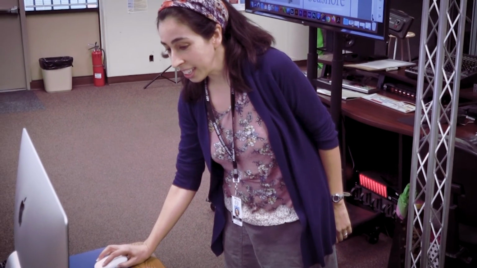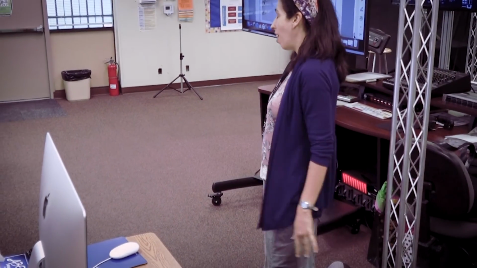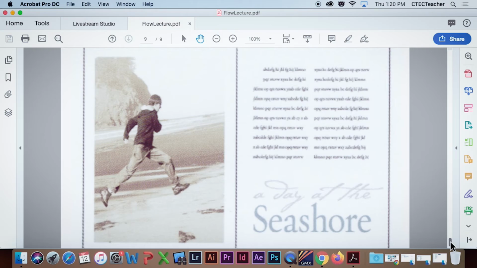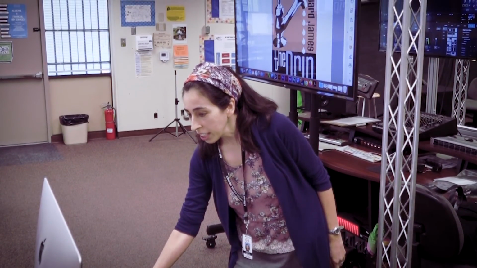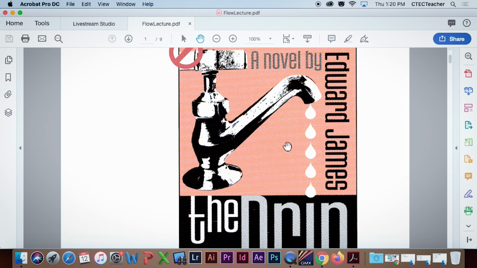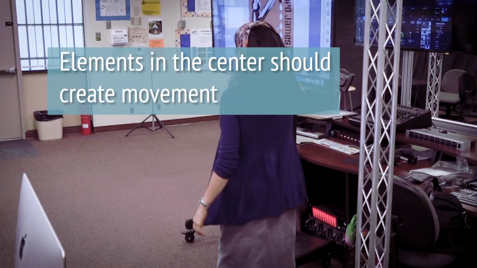So the key guidelines here to take with you whenever you create a layout are, you guys remember that? What was the first one? First one was keep the fulcrum point, don't leave it blank. Don't leave the middle of the composition empty, right? Always put elements in the middle that create what?